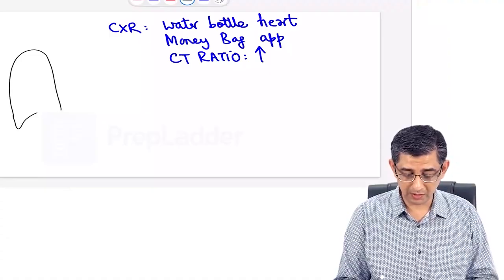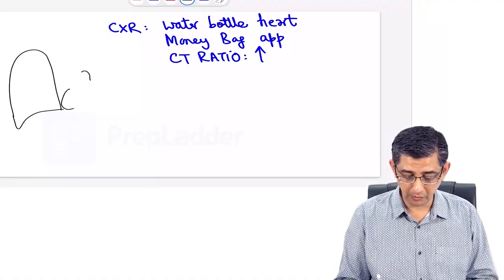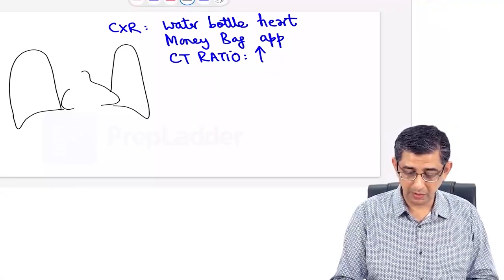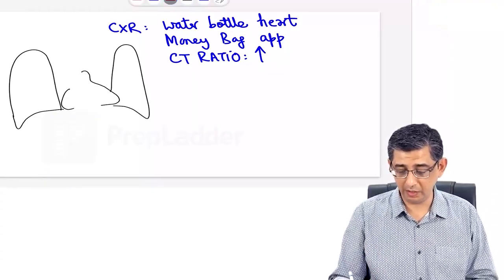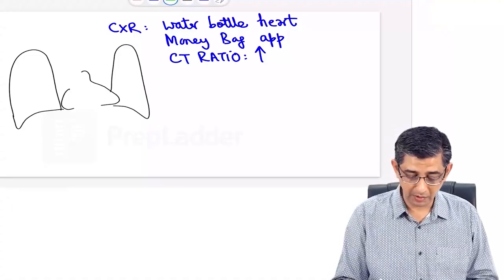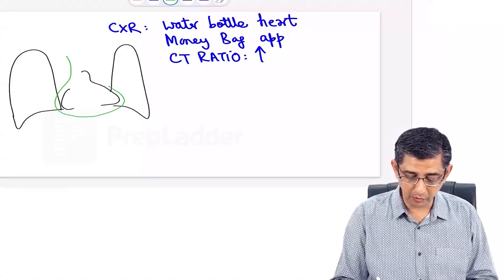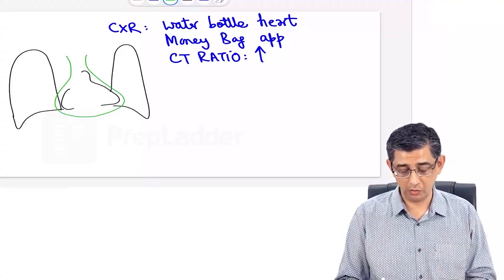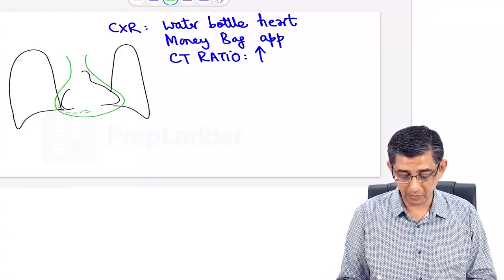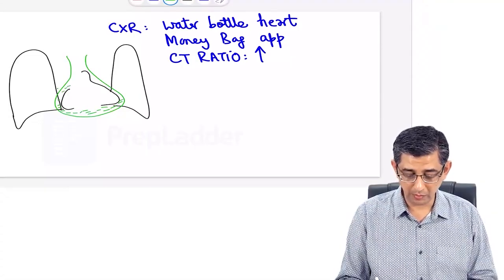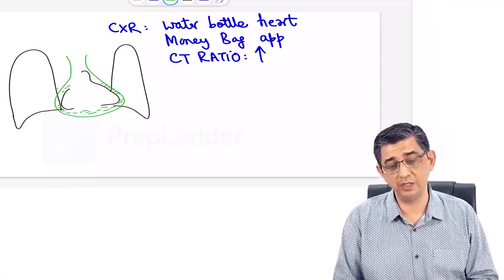If they give you a chest X-ray, you will definitely be able to identify the cardiac borders. But now notice a slight disparity that I'll bring up here. There is fluid outside the heart, and fluid will obviously gravitate towards the bottom. So this is the classical water bottle appearance or the money bag appearance present in this patient.